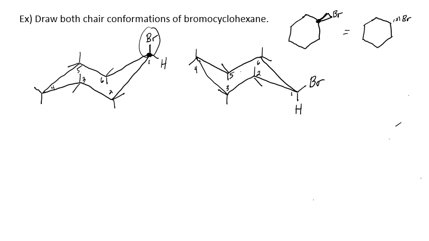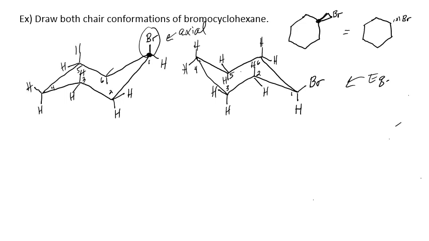And the hydrogen is on the bottom. So in our first version, bromine was axial, and in our flip, it was equatorial. The rest is easy. You can just fill in your hydrogens and the rest of your substituents here. And we're done.